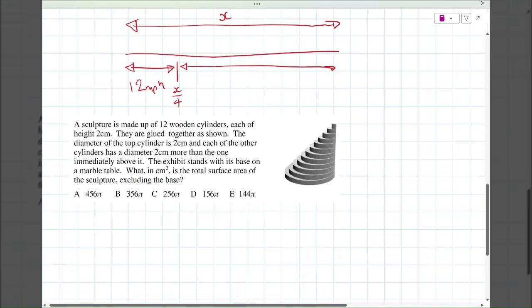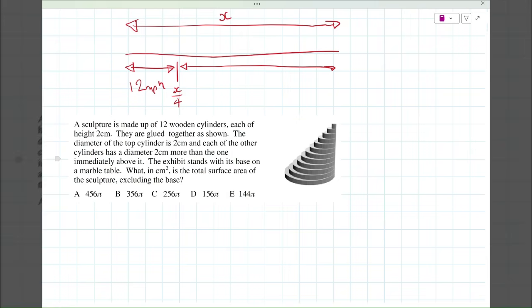Right. This kind of question, we've got 12 cylinders. So there's a lot of calculations to be done here potentially. Now you want the total surface area. Surface area is interesting when you've got things stacked on top of each other, because when you look directly down, all you're going to see is a circle the size of the biggest circle, so the bottom one.